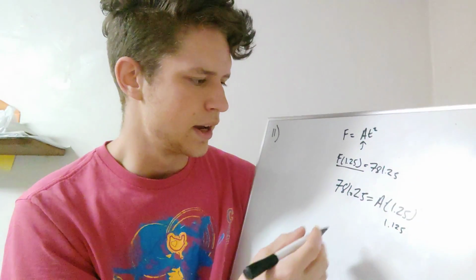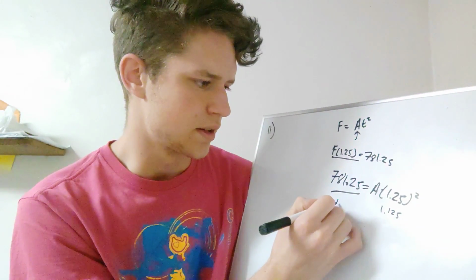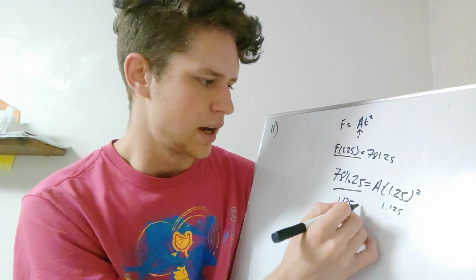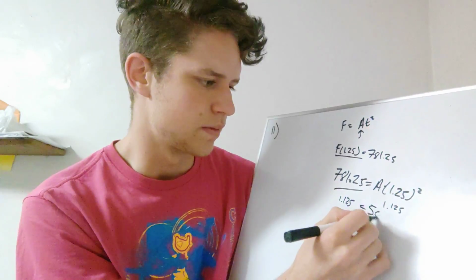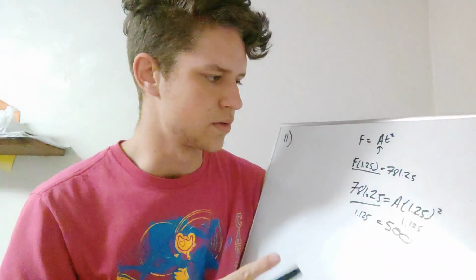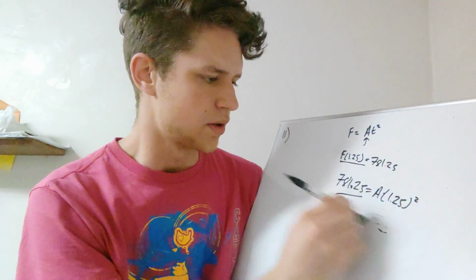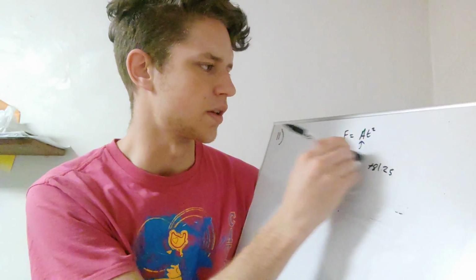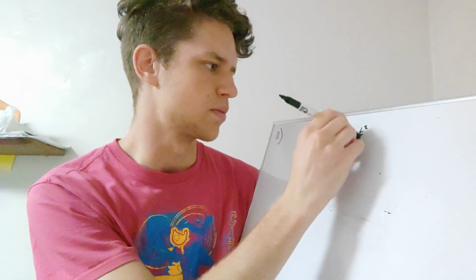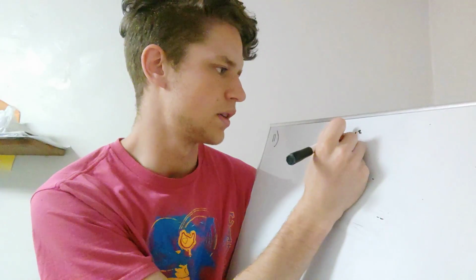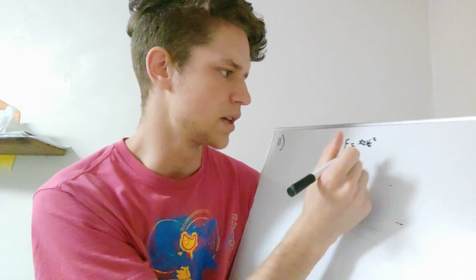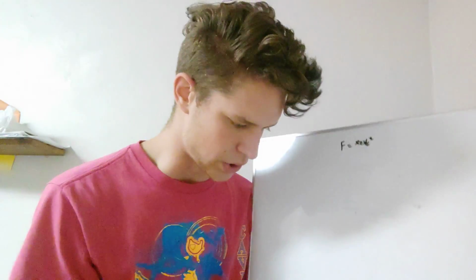Then you divide 781.25 by that, and that equals 500, which should be the answer for that. So I'm going to erase all of this and put that up here. So it's 500 t squared is equal to the force.